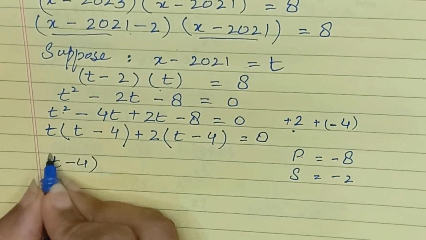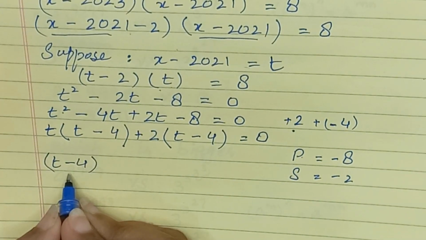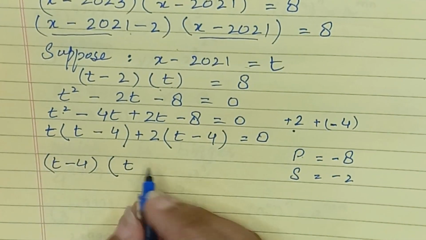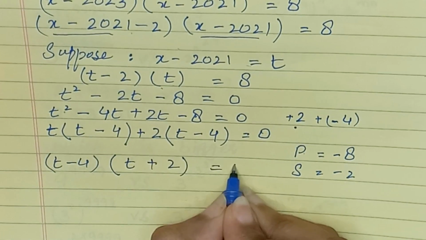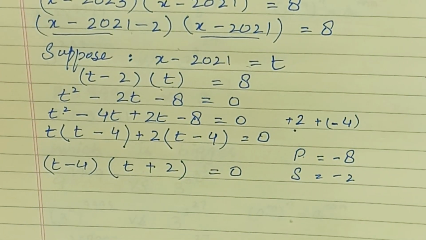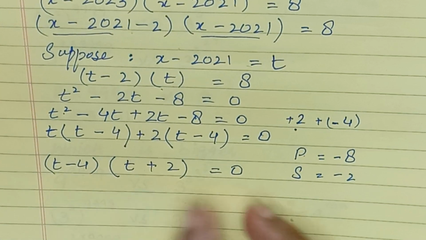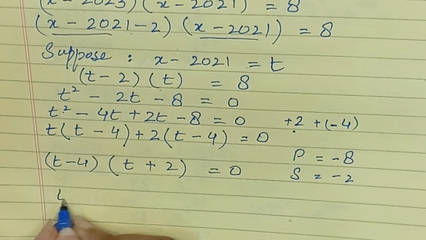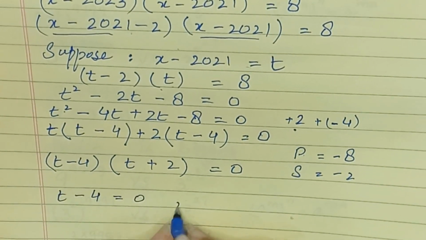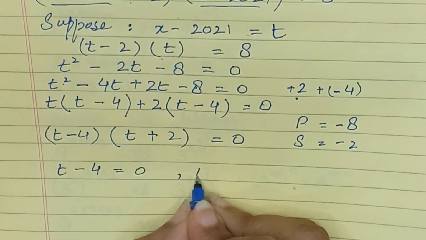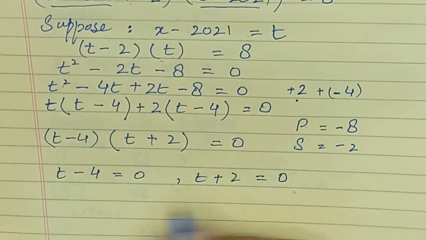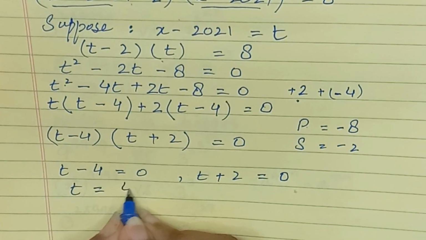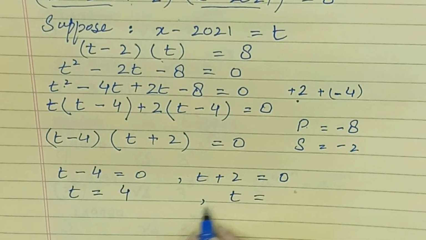So t minus 4 is common, and we are left with (t − 4)(t + 2) = 0. Now we have two factors equal to 0, so t minus 4 is equal to 0 and t plus 2 is equal to 0. So from here t is equal to positive 4, and from here the value of t is minus 2.